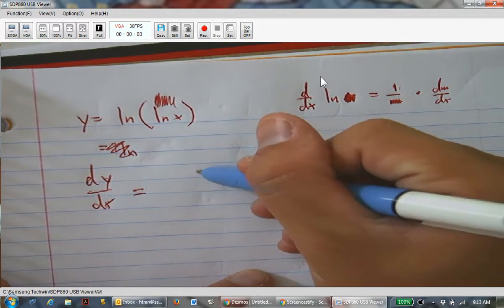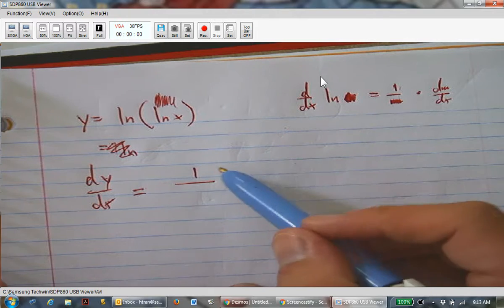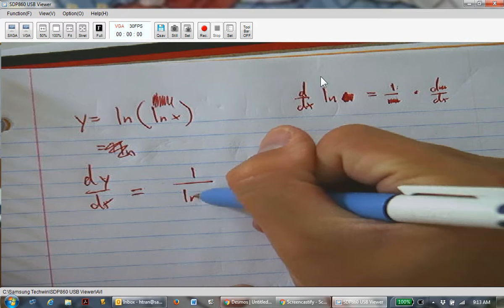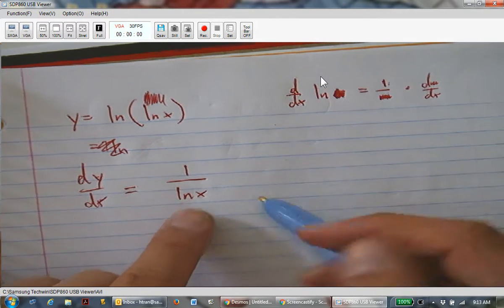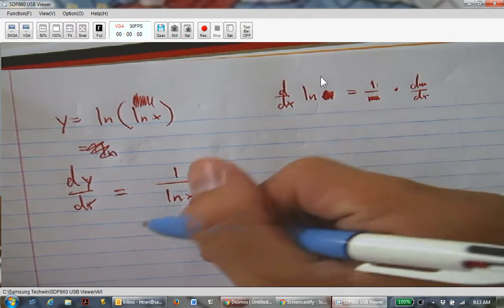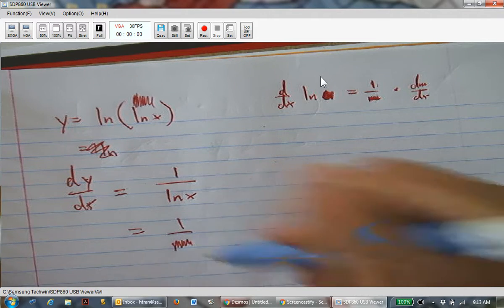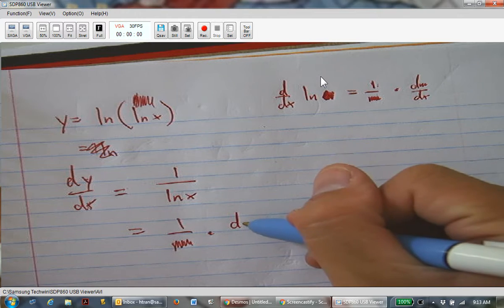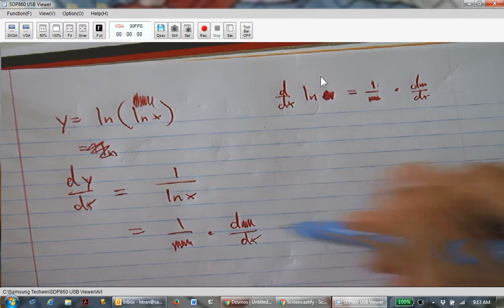What are we going to put under 1? That's essentially equal to 1 over the blob right there. But don't forget, there's a chain rule. I still have to take the derivative of that blob with respect to x.